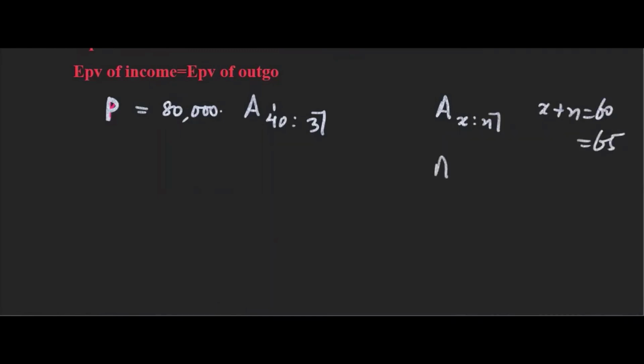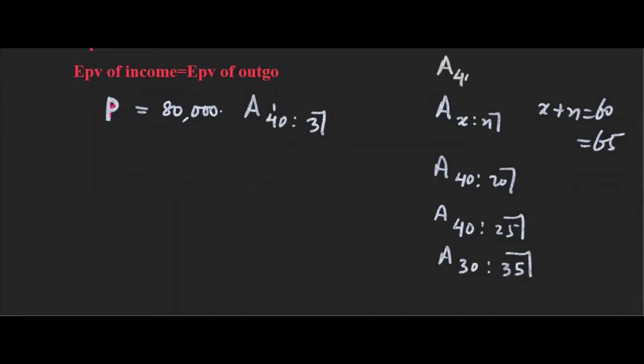That means you will be able to find A4020, because 40 plus 20 is 60, and also the value for 25. If I write A30, for 30 it's available, 35 also available, but if I want to see A43, this is not available. If this is not available, then you will not be able to find this one from the table.